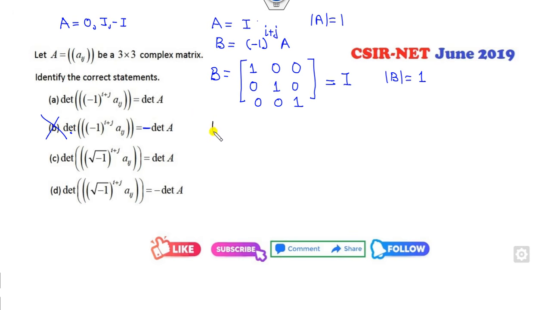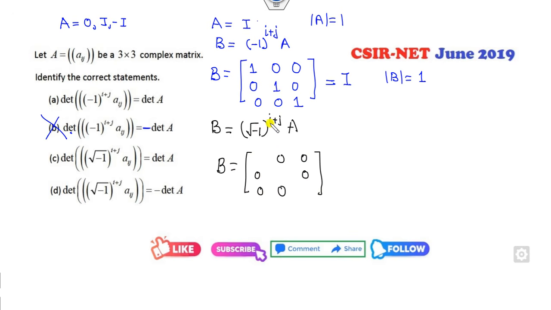Look at this one. If you choose this number as minus 1 raised to power i plus j of Aij, then what will be my B? Rest values are 0 because I have taken the identity matrix.